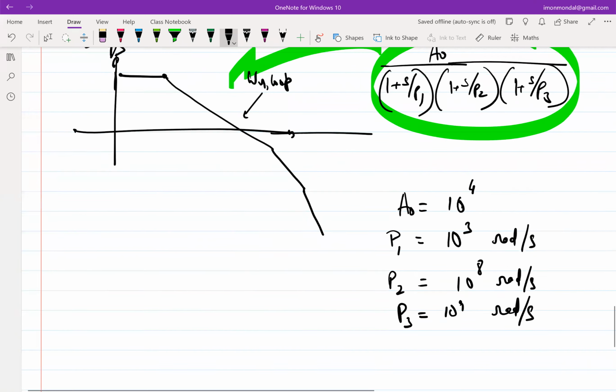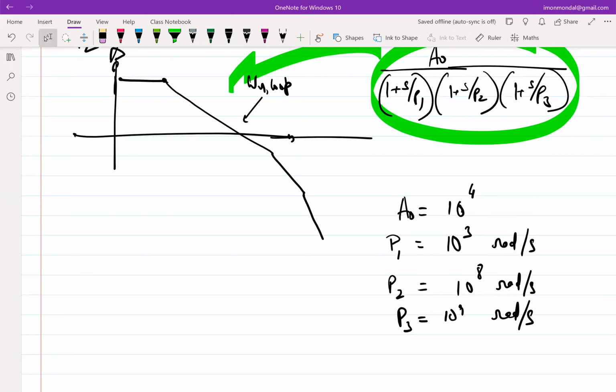How will you go about figuring out where omega U loop is? What will be your strategy? After drawing the plot, you can check the P0 in P, and then from there you start 20 degree.